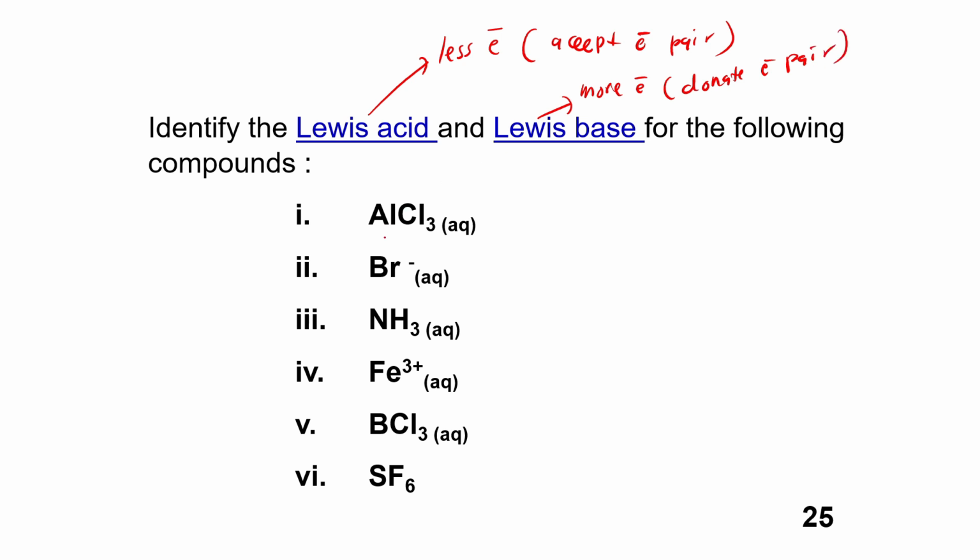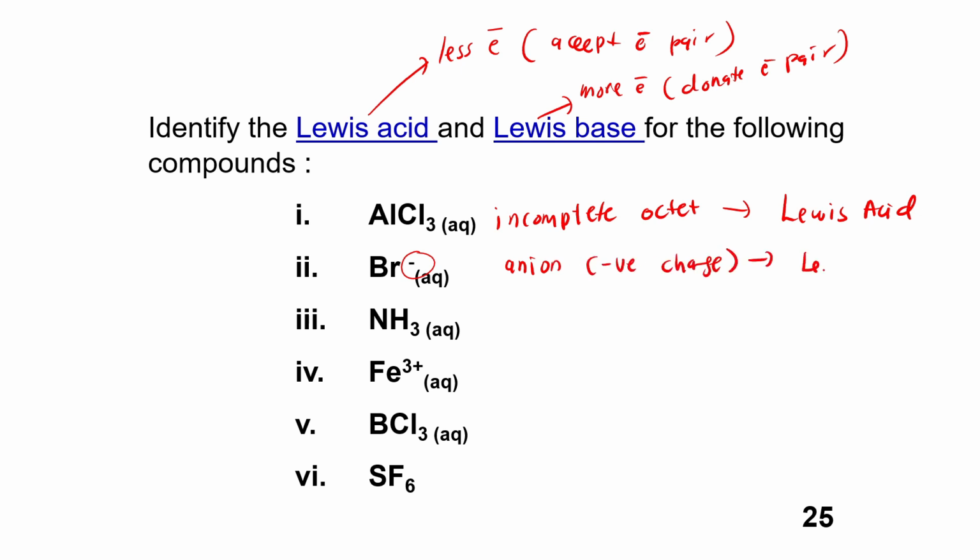So AlCl3. Ya, dia categorized as incomplete octet. So, kalau incomplete octet, less electron, jadi dia ialah Lewis acid. So, Br minus negative charge. So, dia ialah anion. So, anion negative charge, banyak elektron, jadi dia ialah Lewis base.